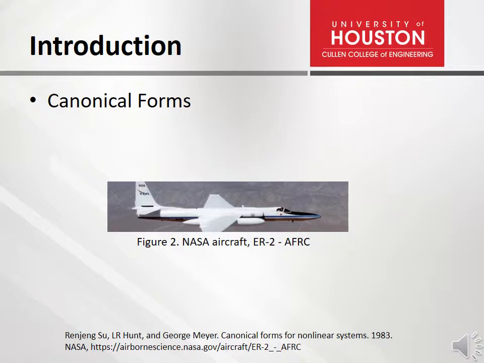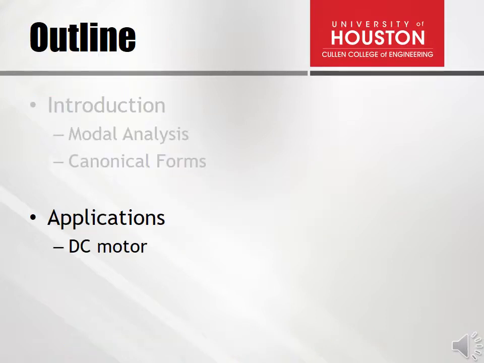Therefore, the theory of canonical forms generalizes the earlier transformation to linear systems. As is the case in many areas of mathematics, it is often easier to work with the canonical forms than in arbitrary coordinate variables. Now I will give the application, the DC motor.